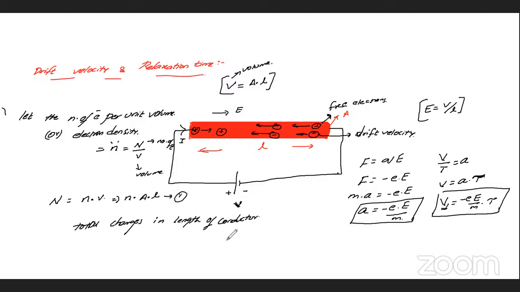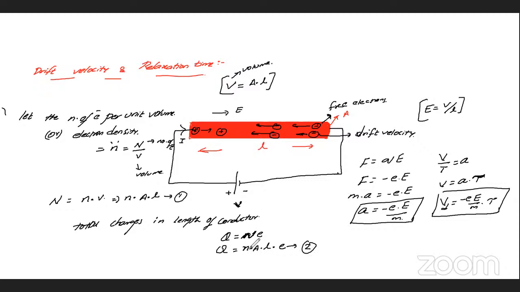You already know a relation, quantization: capital Q is equal to N times the electron charge e. It is one of the properties of charges. Here N is the number of electrons, so Q equals N into e. This capital N is nothing but small n into area into L, into e. I'll take this as the second relation. So we got the charge.